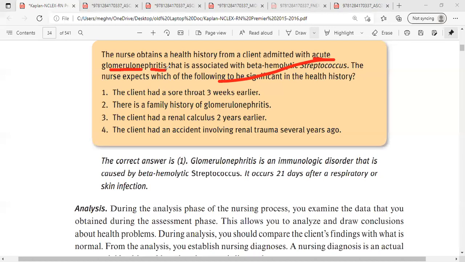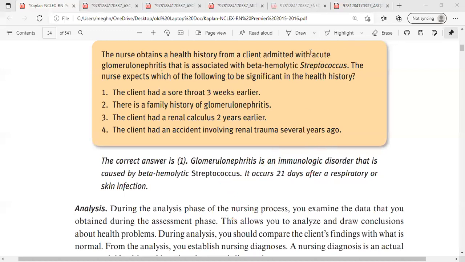Glomerulonephritis, if not treated well, can lead to chronic kidney disease, and chronic kidney disease leads to renal failure, and the patient needs dialysis. So it is very important to take care of the patient who has glomerulonephritis or nephritis.